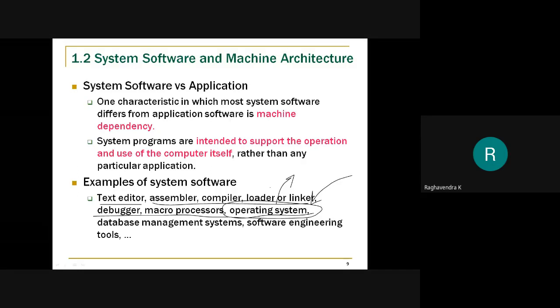So we'll not consider the operating system as a system software as such, but of course the operating system makes our computer system usable. Without an OS, it would not be possible for us to access the hardware and use it as we want. So in that sense, we can say that the operating system is also a system software.